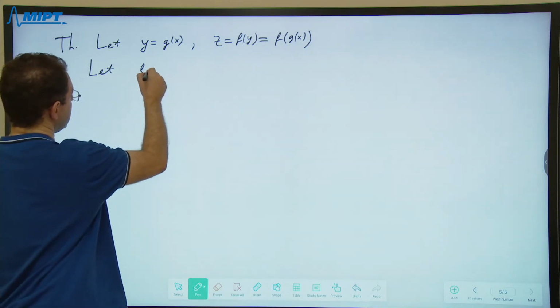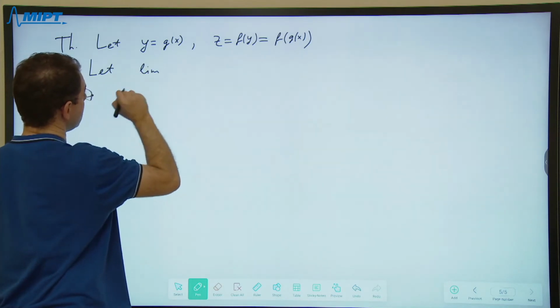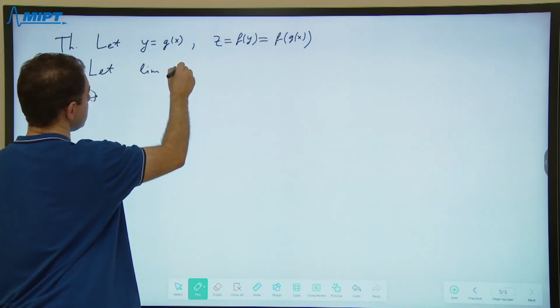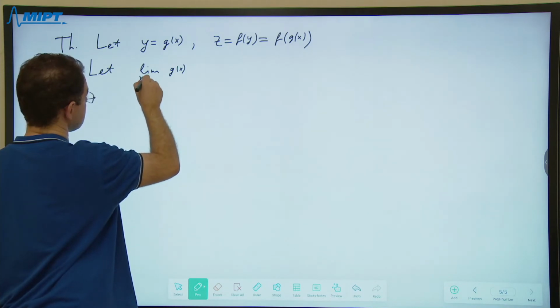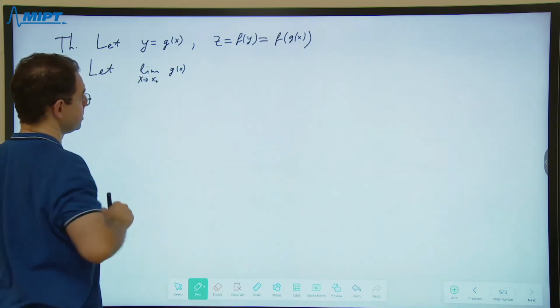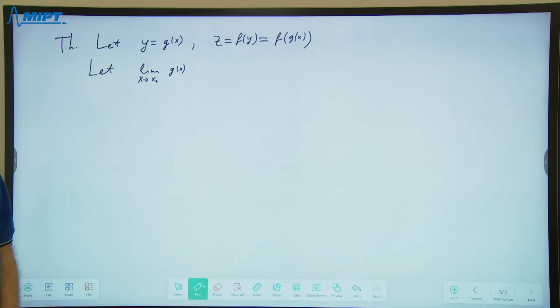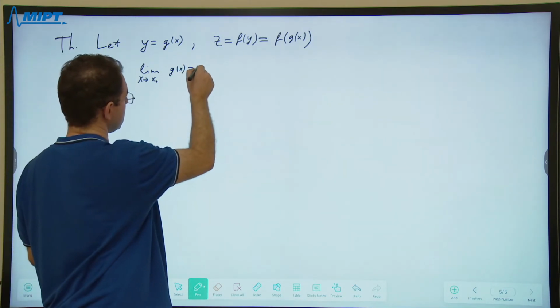Let there be a limit of g of x as x tends to x0. And we will call this limit y0.